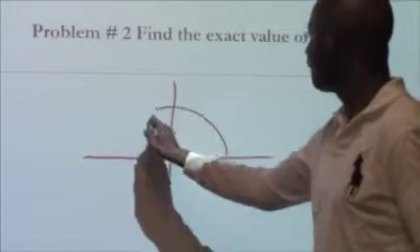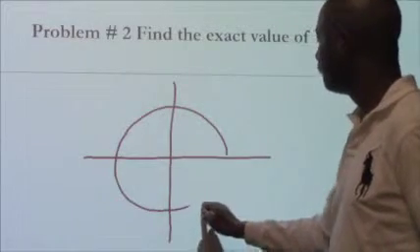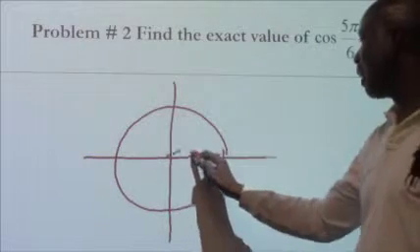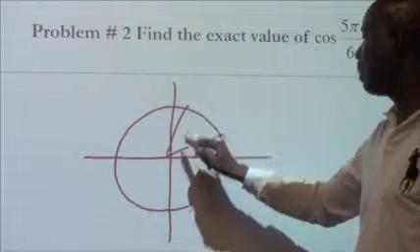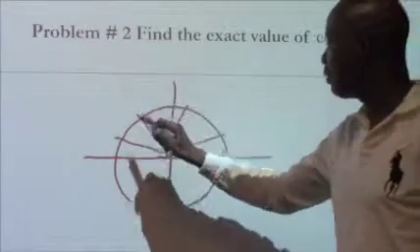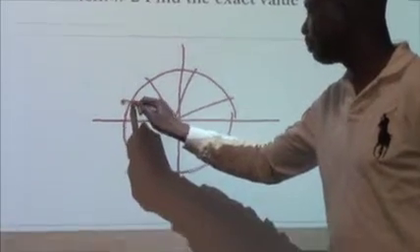So where's 5 pi over 6? This is pi over 6 if we divide this into equal parts. So 1, 2, 3, 4, 5 pi over 6 is right there.